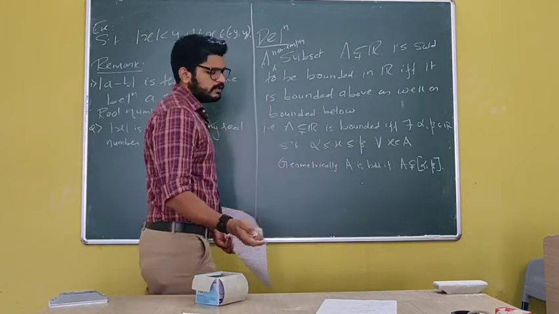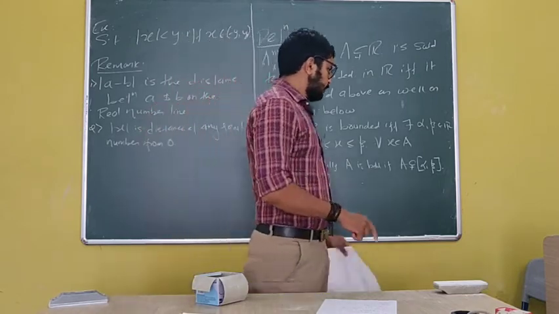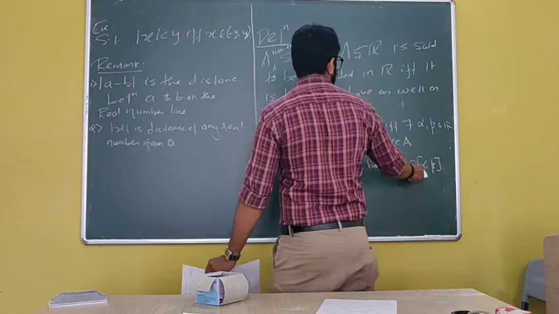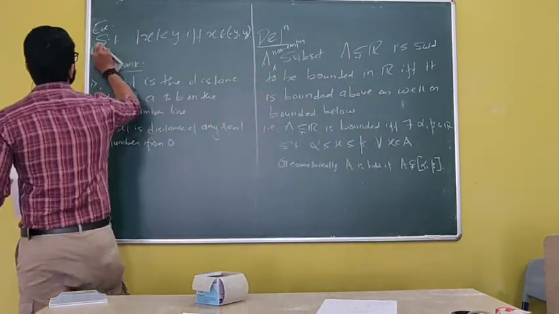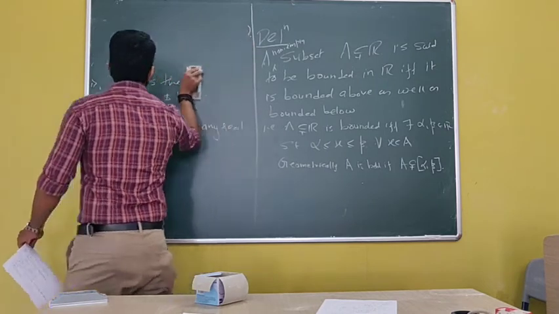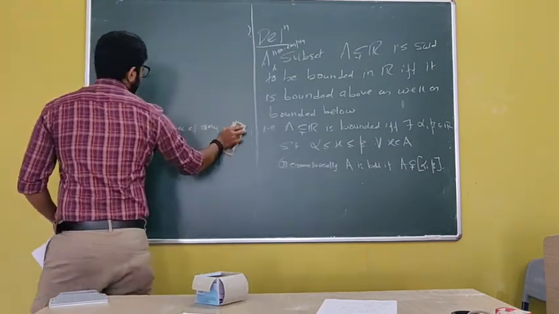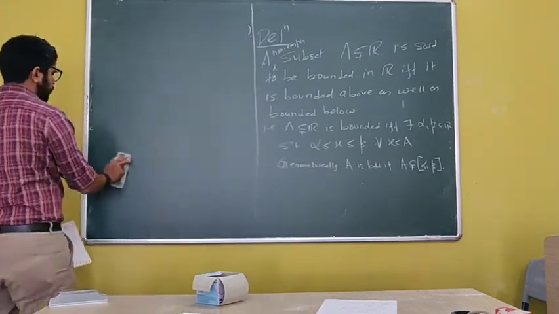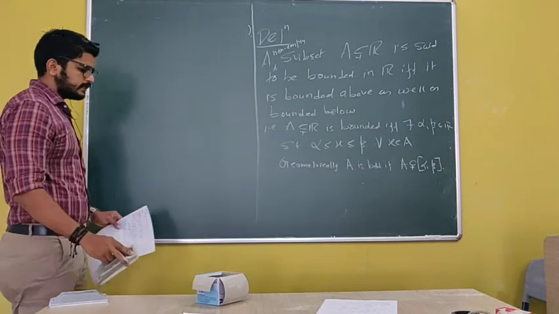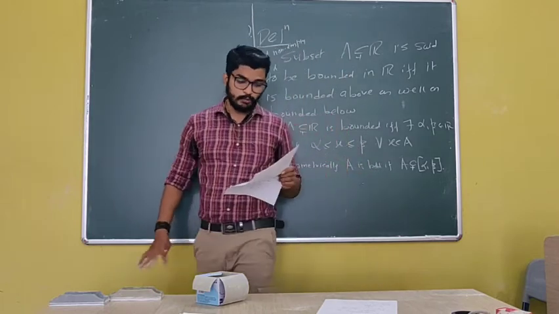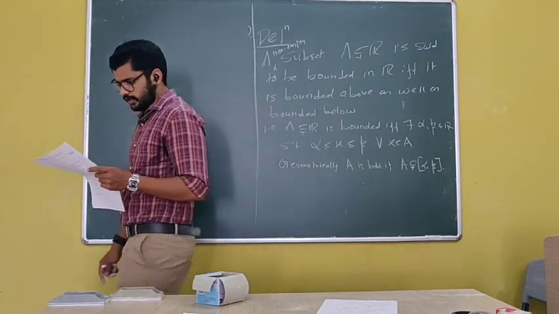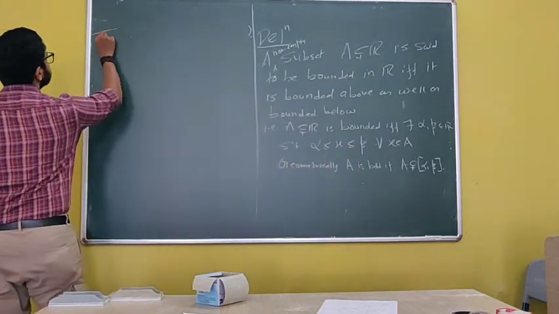Closed interval, open interval doesn't really matter, but your endpoints should be finite real numbers. As long as you can put it in an interval with finite numbers as both the endpoints, it is a bounded set.